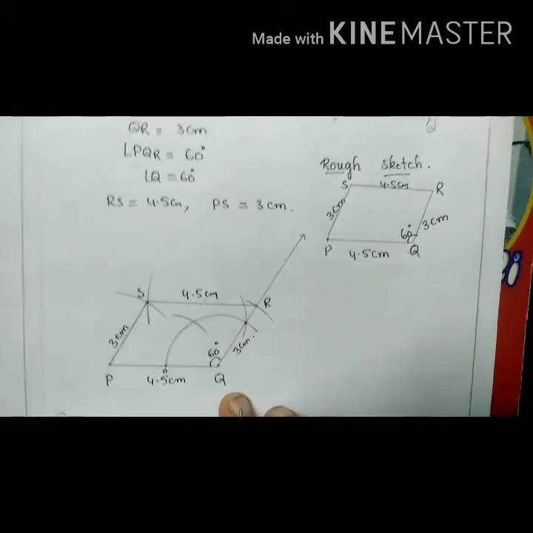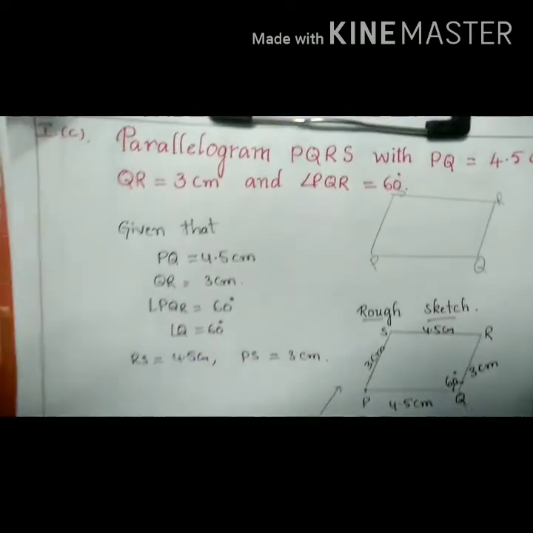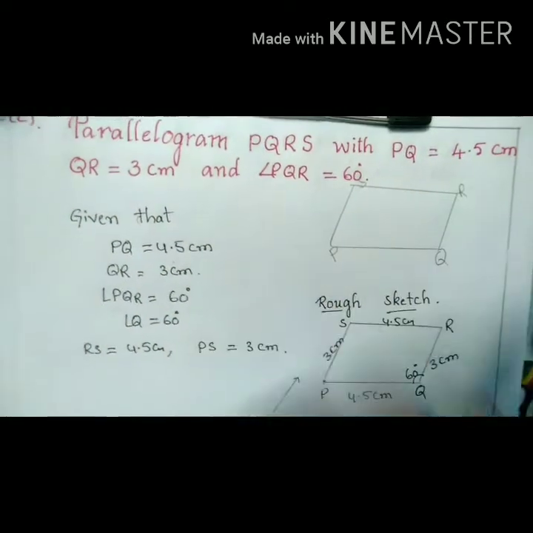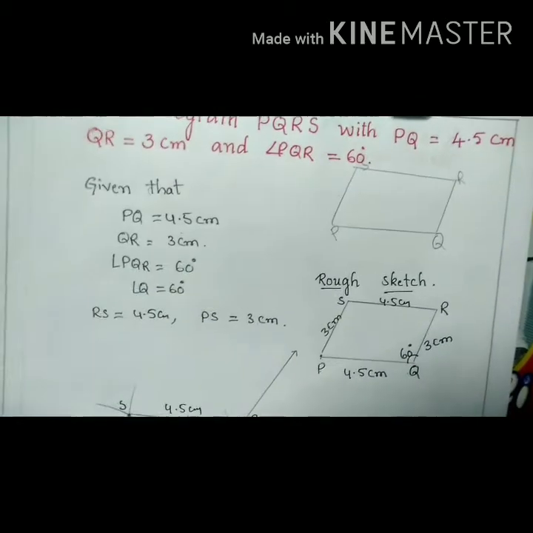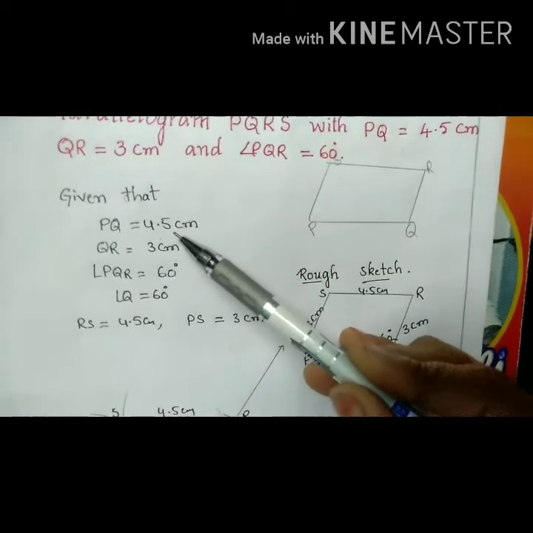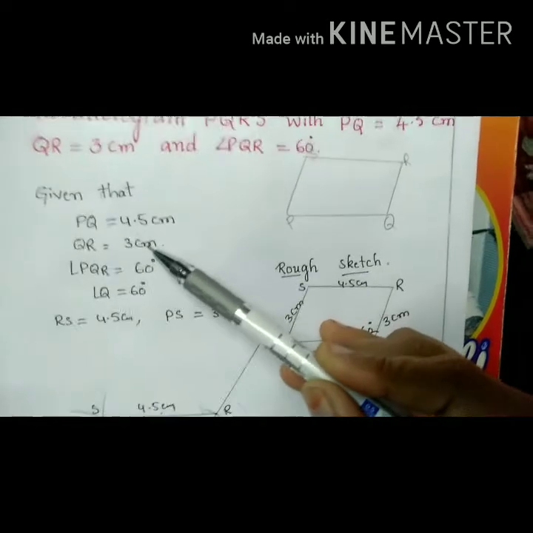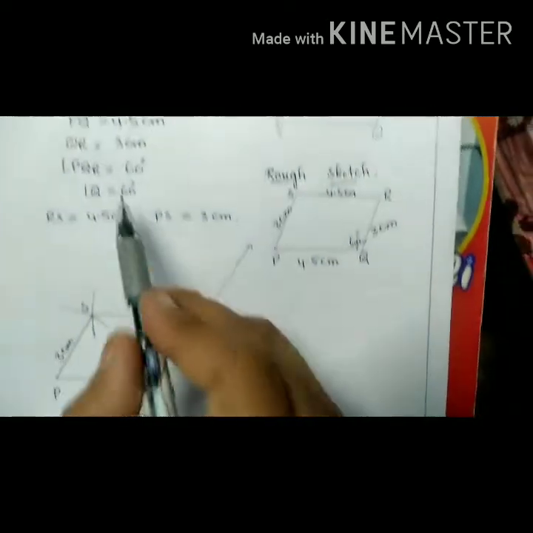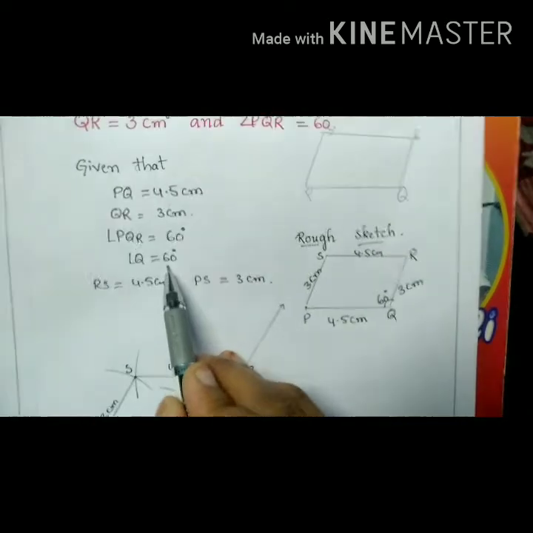Observe that the question is parallelogram PQRS with PQ equal to 4.5 centimeters and QR 3 centimeters. How many sides are there? 1, 2, 3, 4. So the sides are 4. And how many angles are given here? 1 angle.